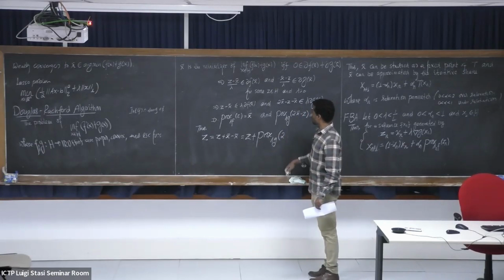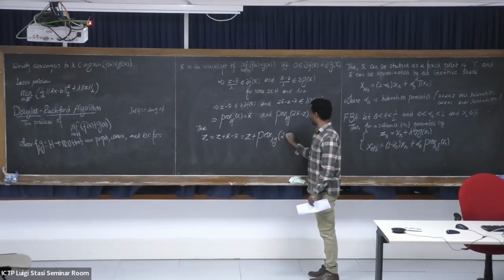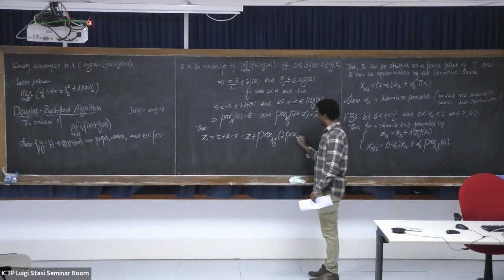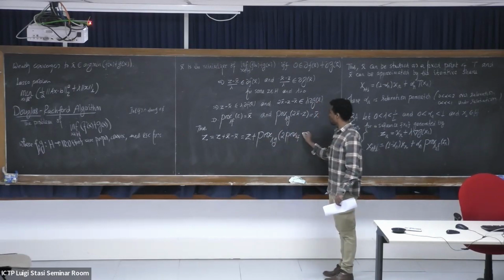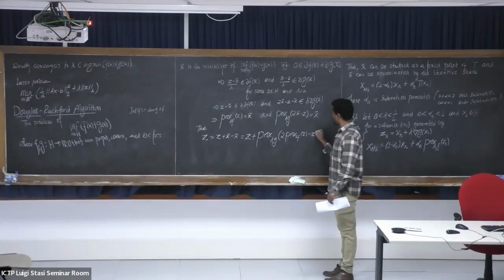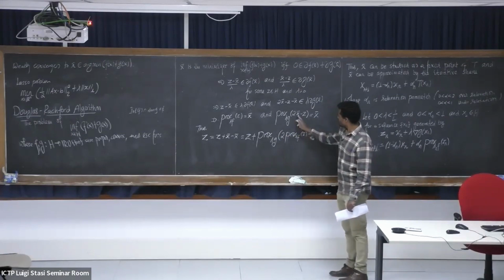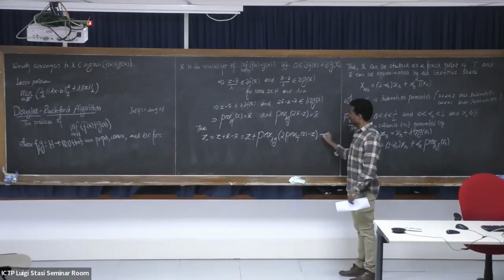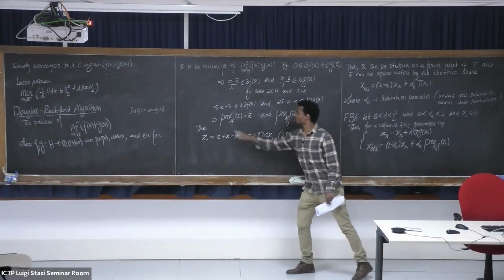In place of x bar we have x bar minus z. X bar is the proximal of f at z. Twice the proximal of f at z minus z, in place of x, I'm replacing this one. And x bar, I can use this.